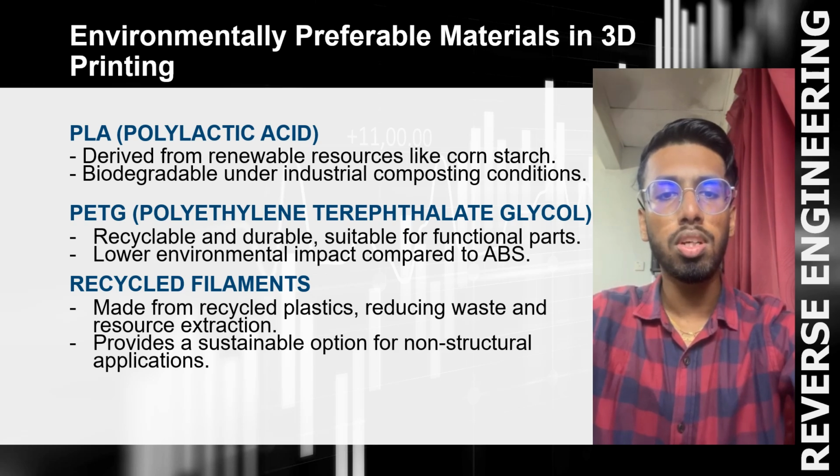By choosing recycled filament for our door latch project, we can help reduce plastic waste and reliance on virgin resources, making it a more sustainable choice. This is particularly impactful in 3D printing, where material usage can be high and opting for recycled options can lead to significant resource savings. Sustainable for non-structural applications.